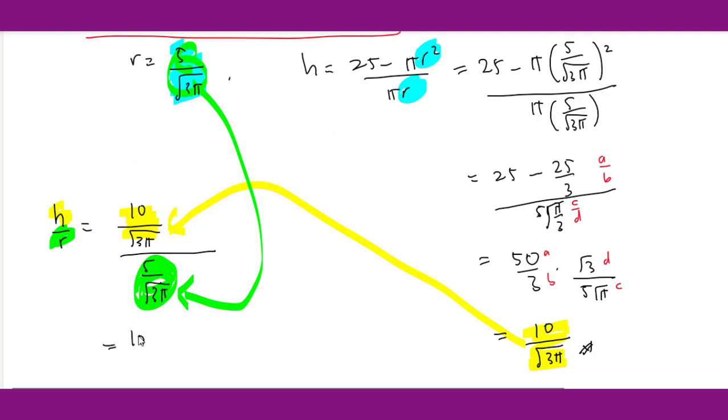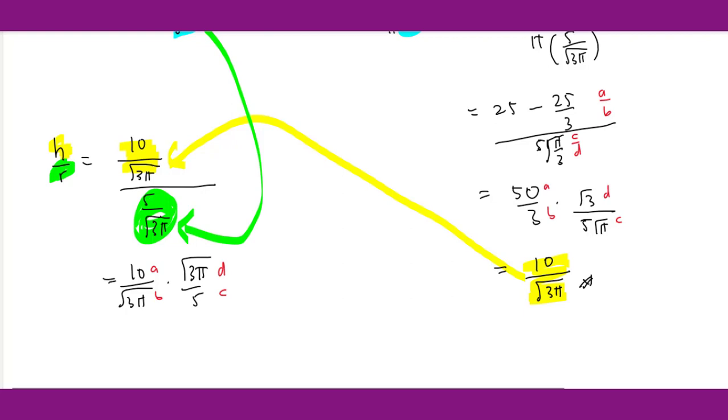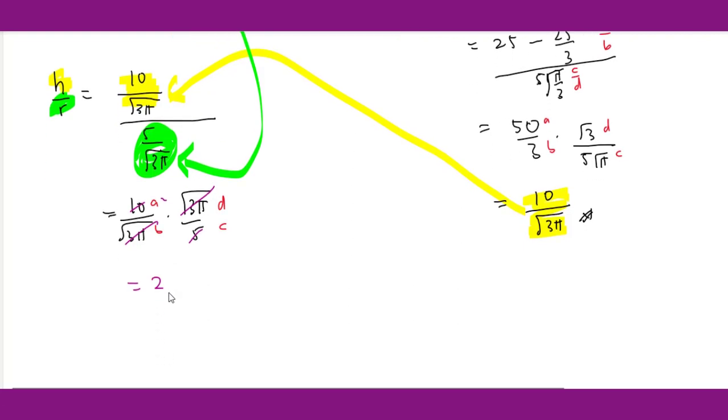It's equal to 10 over root 3 pi times root 3 pi over 5. Same as before, use A/B times D/C. Simplify, cancel, and it is equal to 2. So h over r is equal to 2.